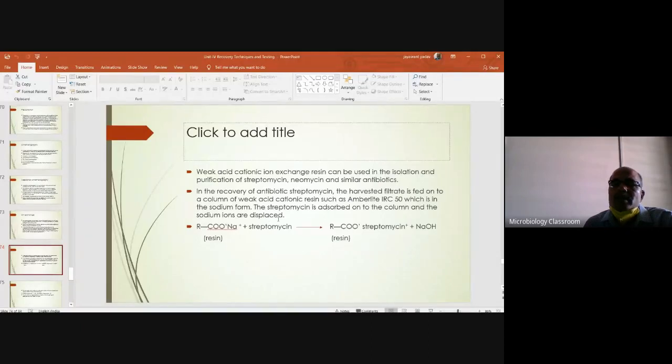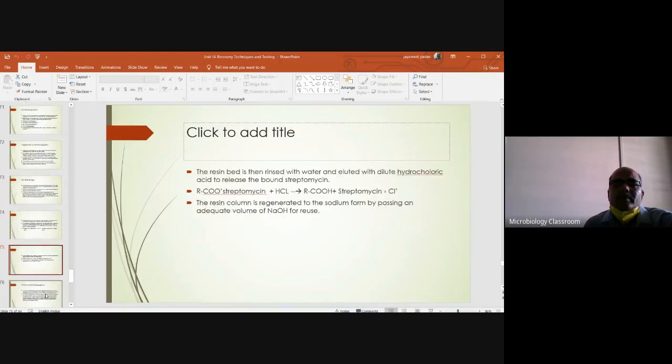The streptomycin is adsorbed onto the column and the sodium ions are displaced. The resin bed is then rinsed with water and eluted with dilute hydrochloric acid to release the bound streptomycin.